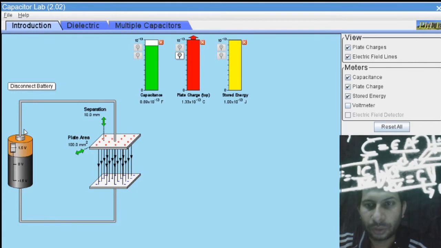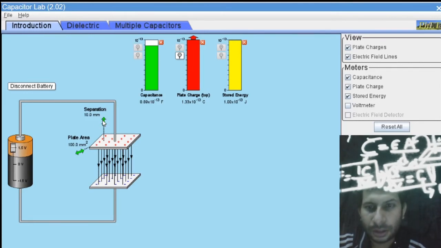When we switch on the battery, this plate acquires positive charge and the bottom plate acquires negative charge, and because of the separation, these separated charges, one positive and one negative, will generate an electric field. These lines are shown starting from the positive charge plate and ending at the negative plate.